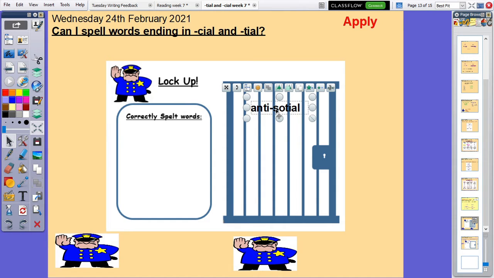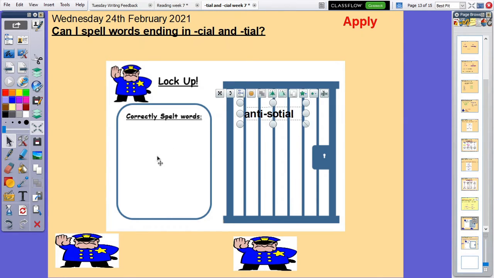Now on your sheet, you might not want to write across the bars because you might find that a bit tricky to read. So you can always write that way round and use these as lines to write on. But because I'm doing this on a computer, I'm going to write it like that.